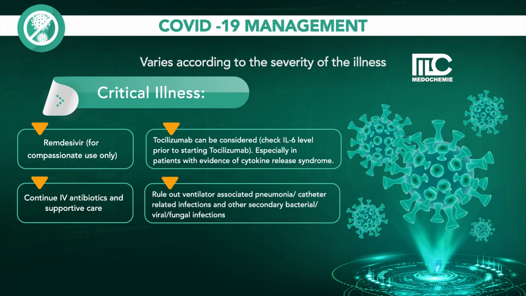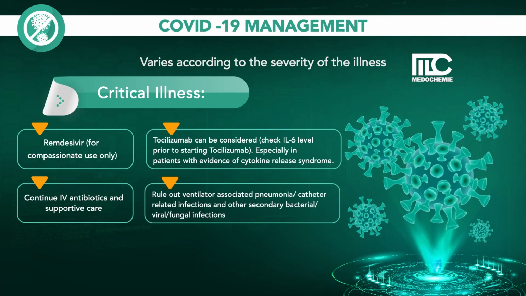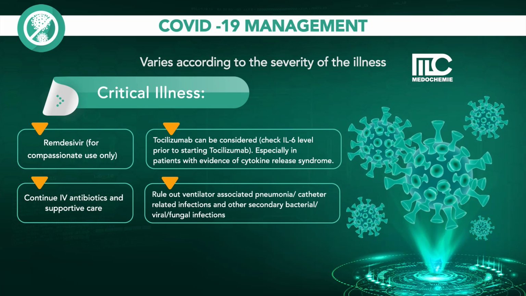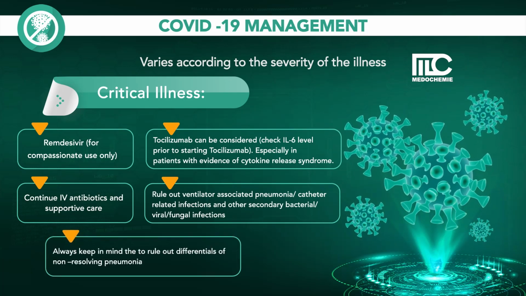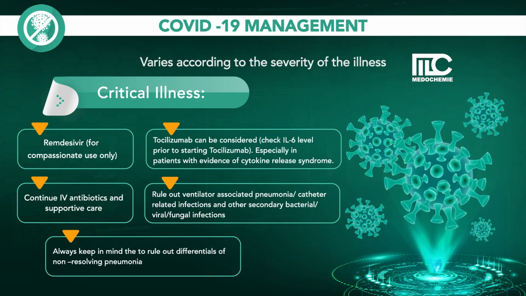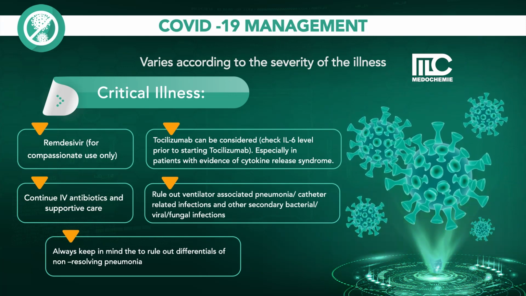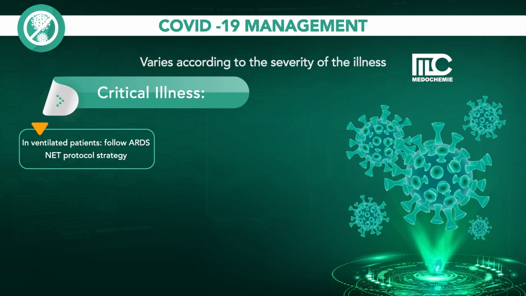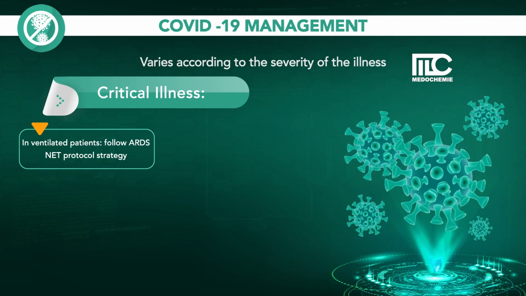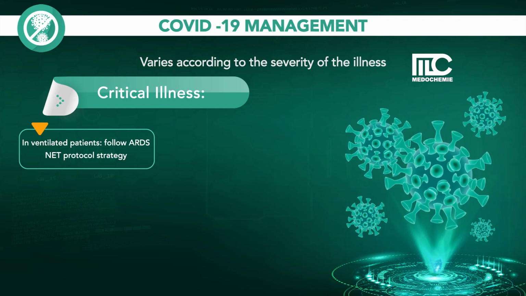Rule out ventilator-associated pneumonia or catheter-related infection and other secondary bacterial, viral, or fungal infection. Always keep in mind to rule out differentials of non-resolving pneumonia. In ventilated patients, follow the ARDSNet protocol strategy.